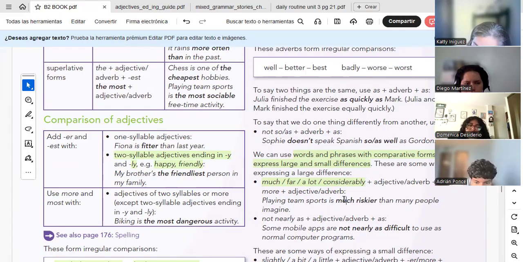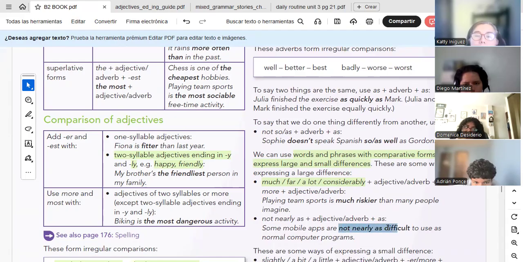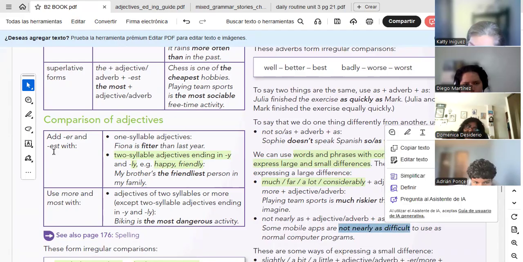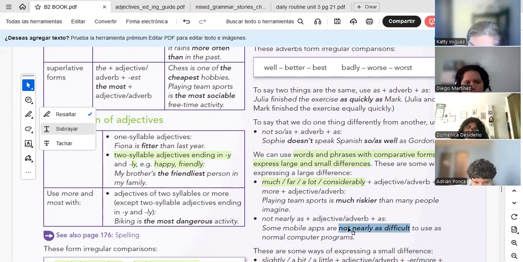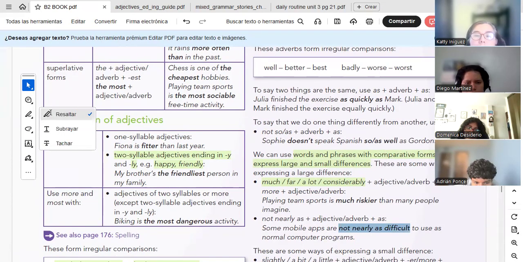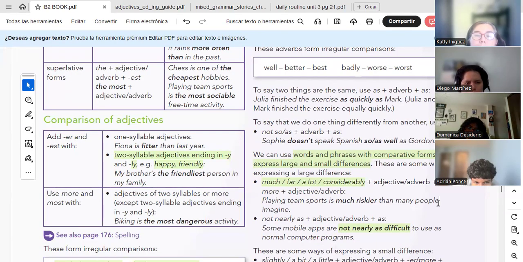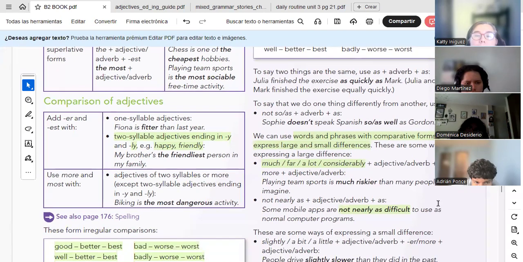En este caso, para más. Not nearly as plus adjective or adverb plus as. Some mobile apps are not nearly as difficult to use as normal computer programs. ¿Cierto? No son tan difíciles de usar como.